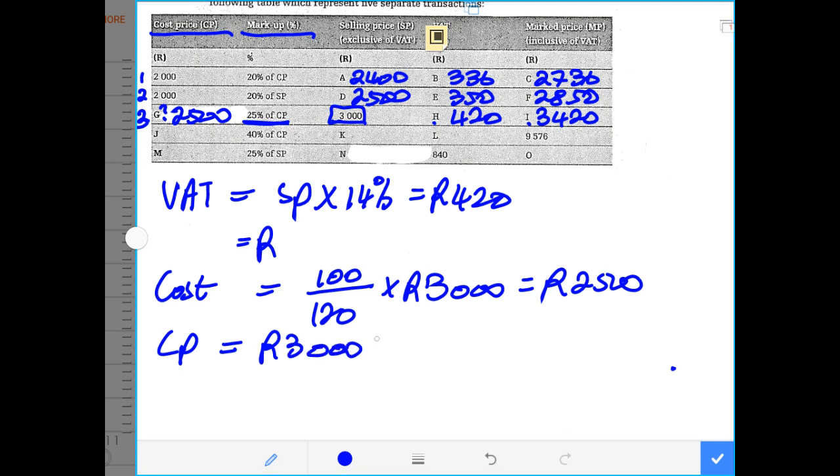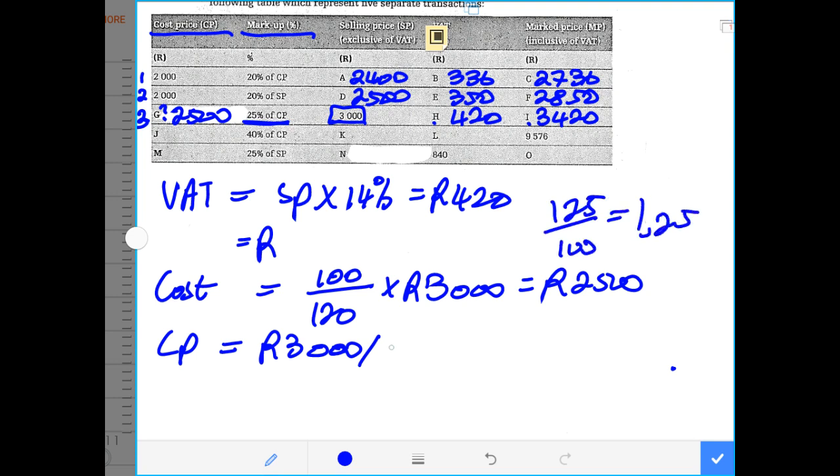And remember, again, you could have said that cost price is equal to the selling price of 3,000, you just eliminate the markup percentage. Remember, the markup percentage was 25%, and we know that selling price is 125%. Therefore, this could have been 125 divided by 100, which is equal to 1.25.